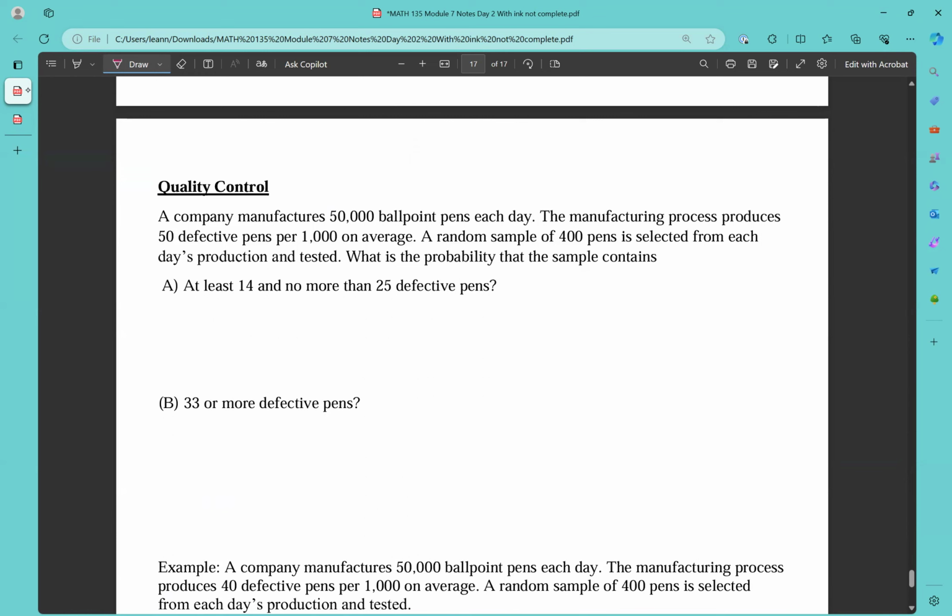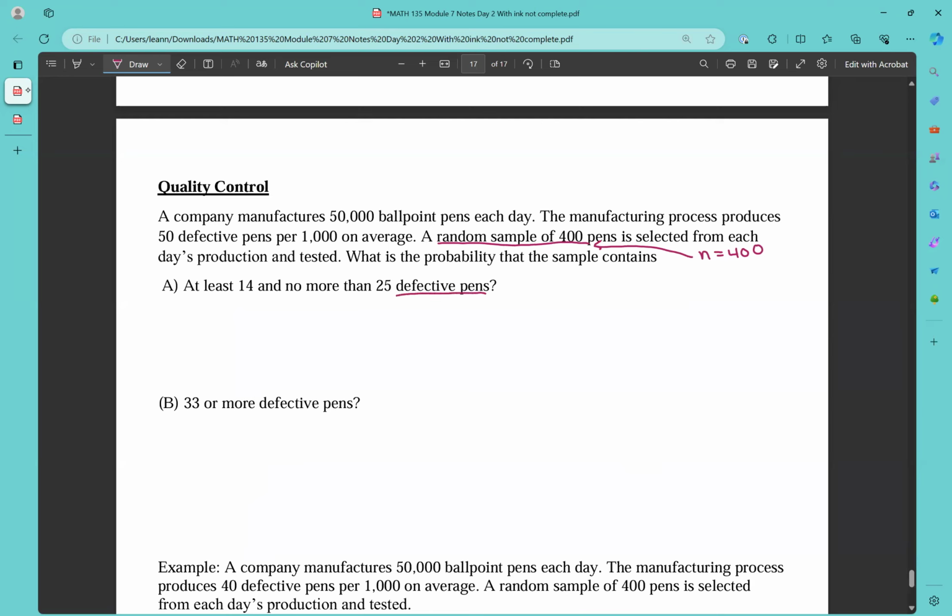So we're considering a random sample of 400 pens. The random sample is your N. That's the experiment, the number of trials from each of those days' productions and tested. What is the probability that the sample contains at least 14 and no more than 25 defective pens?